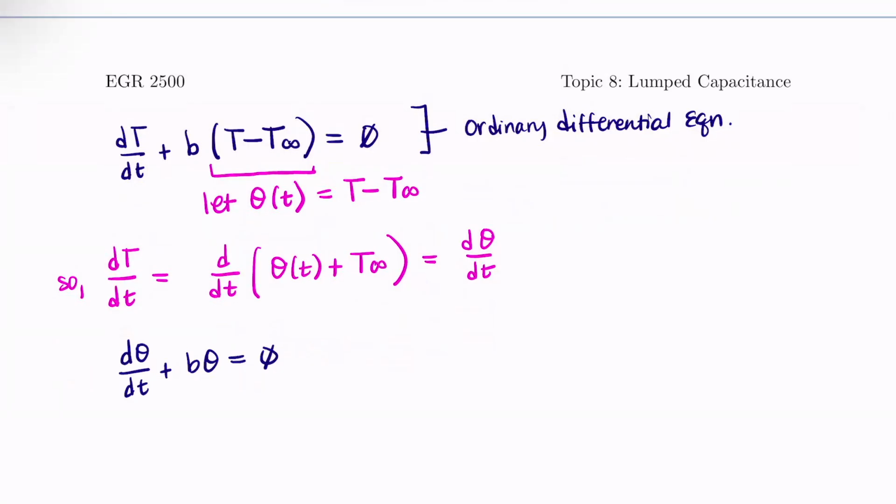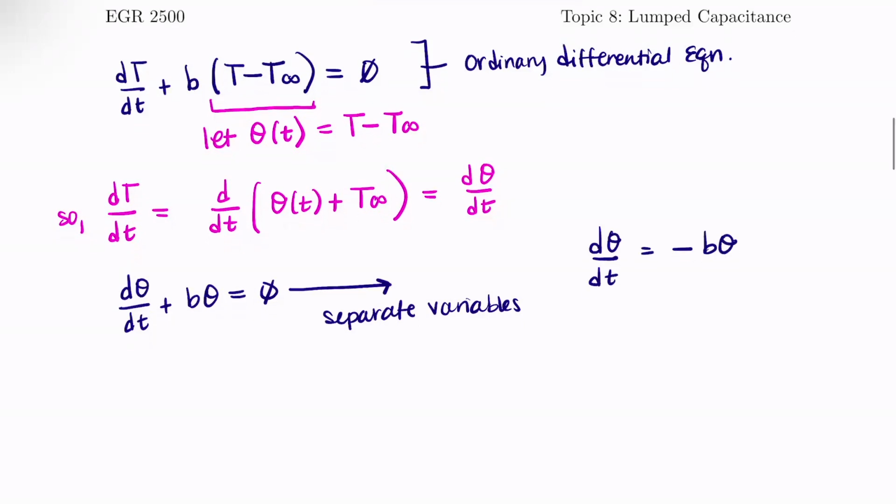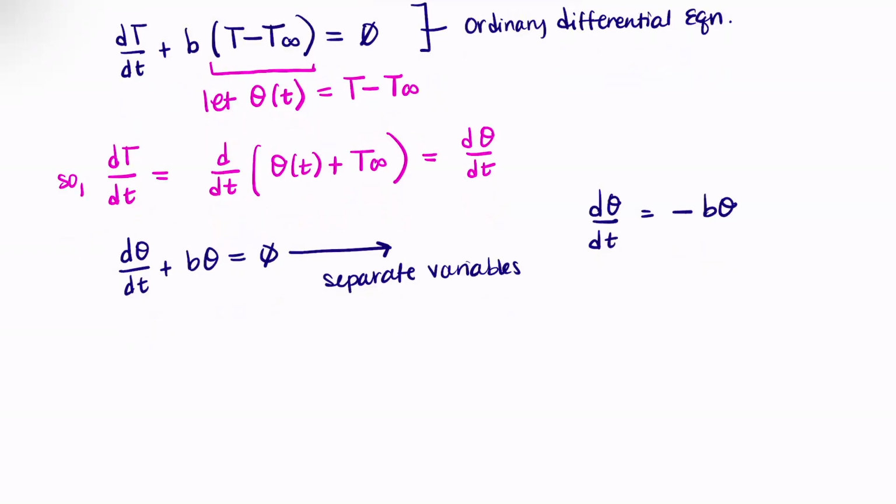All right, so what I'm going to do then is separate my variables and integrate. When I separate variables, I want to have all the thetas on one side of this equation and then the t's for time on the other side. So I have d theta/dt is equal to minus B theta. And then I'm going to divide both sides by theta and multiply both sides by dt.